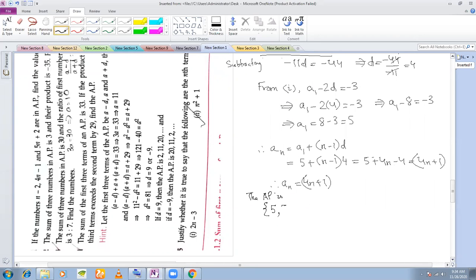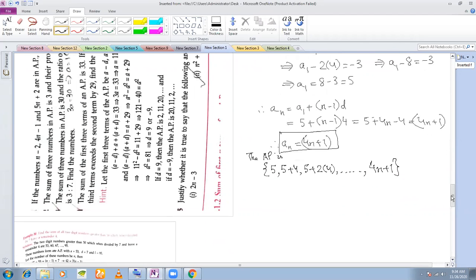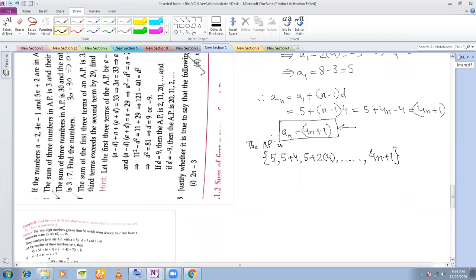That means the next term has to be 5 plus 4, the next term has to be 5 plus 2 into 4, and so on. This will continue till the nth term, which is 4n plus 1. This is your AP. So if you know the nth term of this AP, you can determine all these terms: the first term, second term, third term.